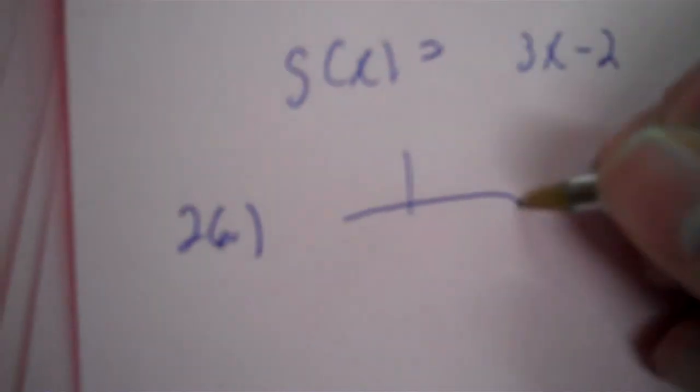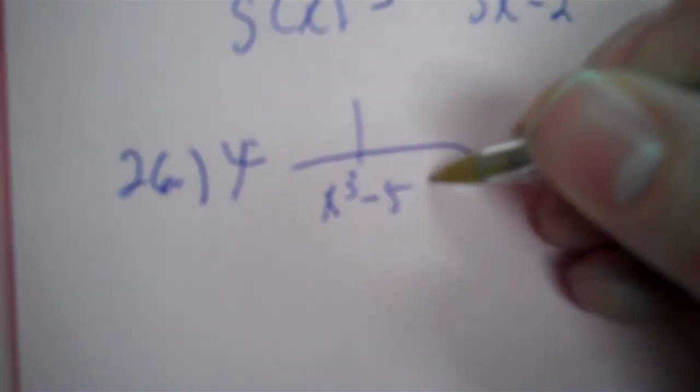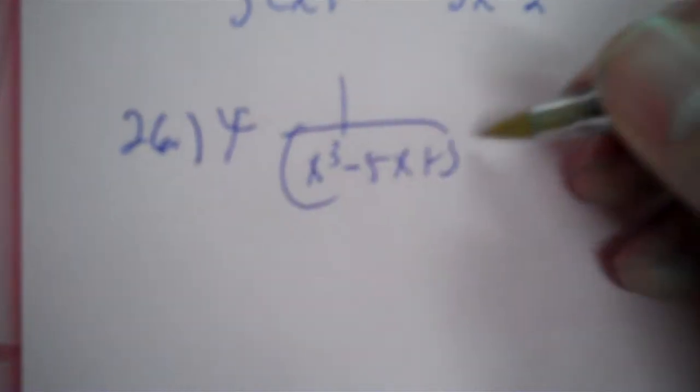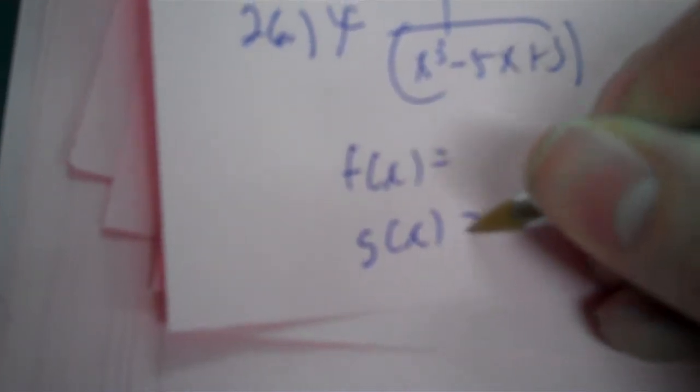26 is like you're decomposing. Before you were composing, now you're decomposing. Number 26 would be hard if you don't get the bottom in parentheses because you're not going to know. Put whatever side has the x's in parentheses.